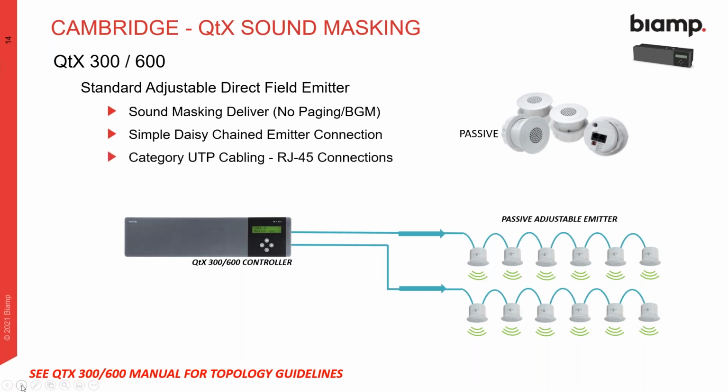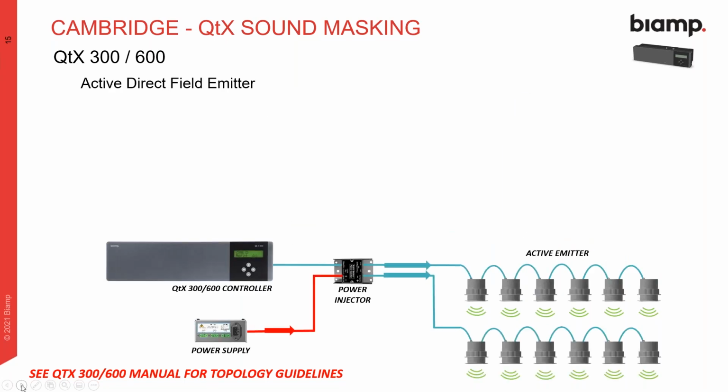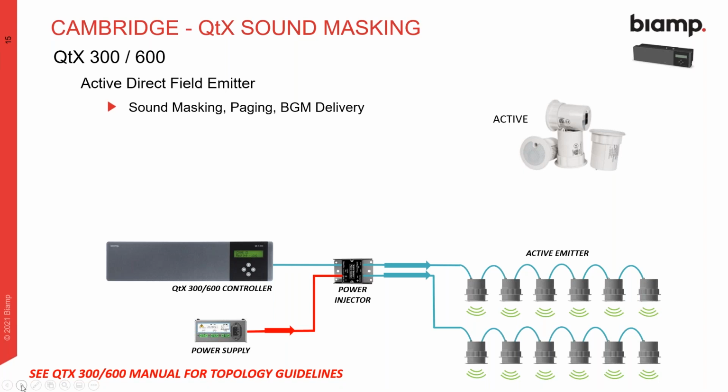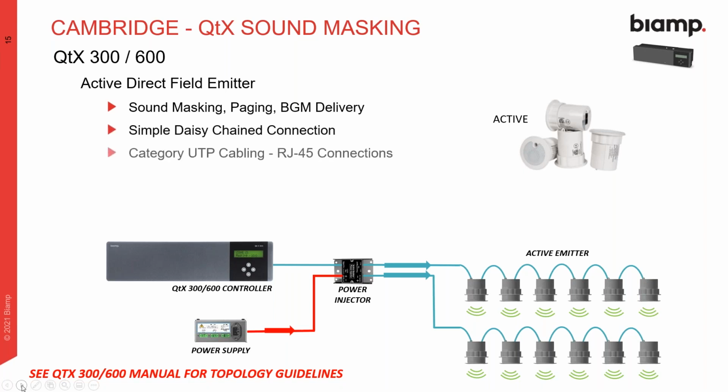Daisy-chained emitter connections, UTP cabling, RJ45 connections. It's important to know that the emitter counts and the sound masking topology, the way that the emitters are wired, are exactly the same as the QT Pro product was previously. So these are backward compatible.